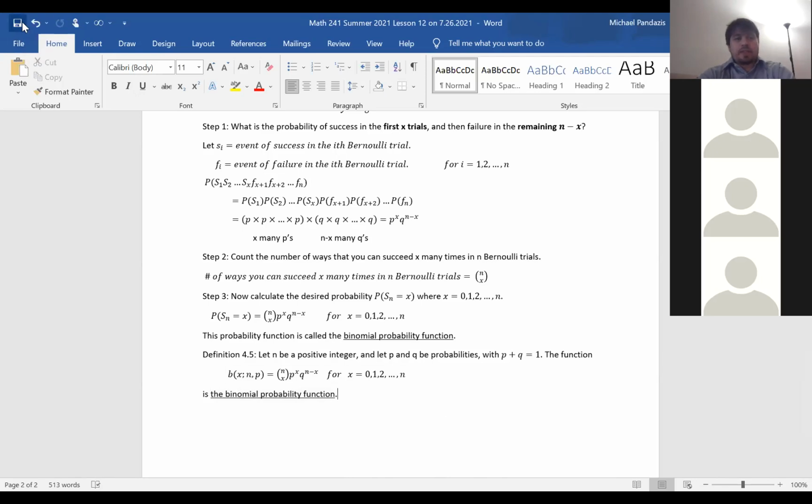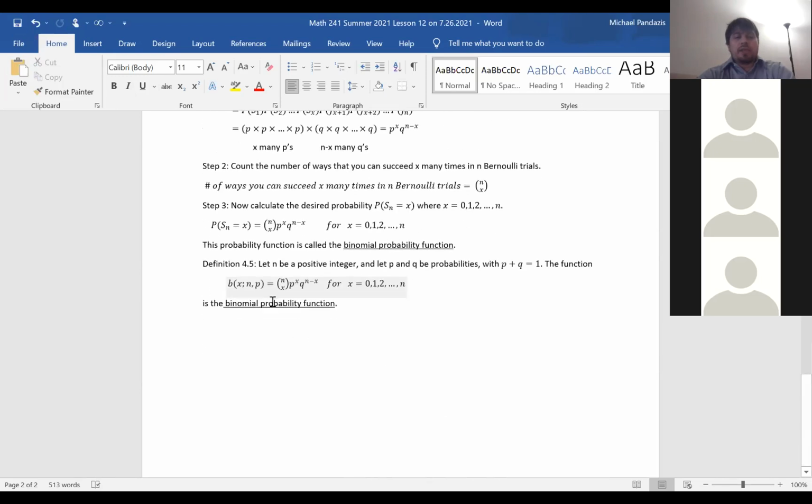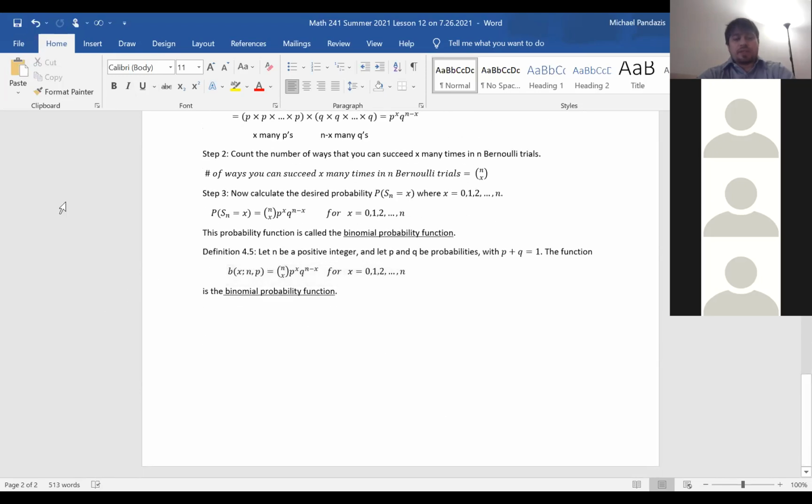So this is the definition of the binomial probability function. There's exactly one form, applied to different situations, but this is the form.